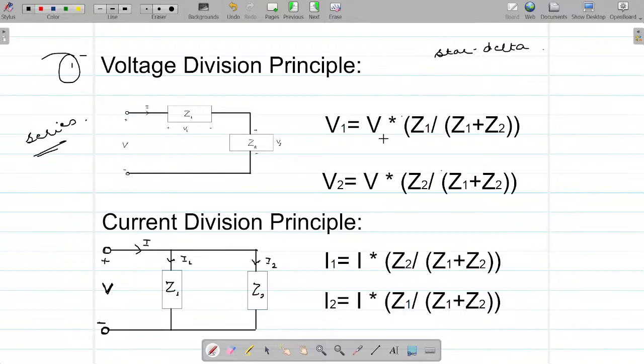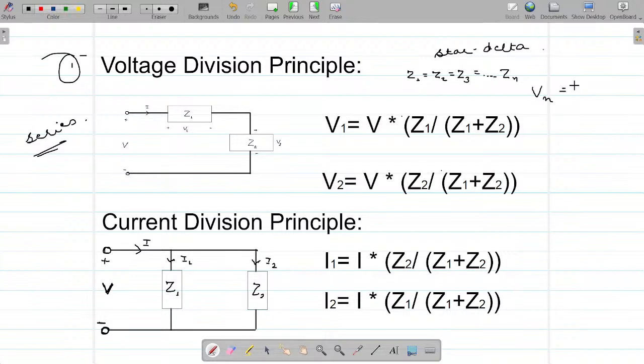Now tell me, what if Z1 equals Z2 equals Z3 equals Zn, and let that impedance be Zn. Then tell me, the nth potential would be what?